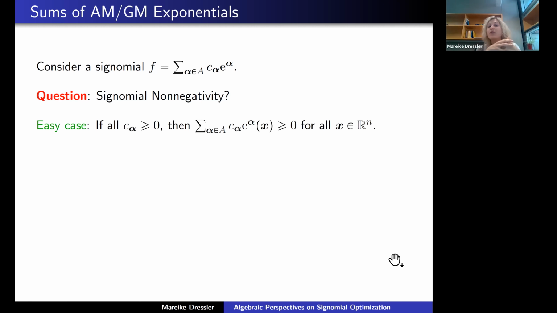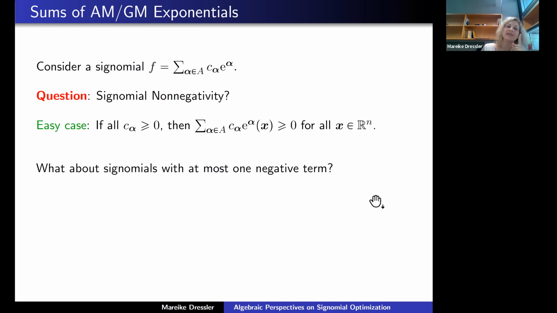Because if all coefficients are non-negative, then clearly, because the exponential function is non-negative, we know our Signomial is non-negative. That's great. So let's consider the next easy case, that is, if all but one c alpha is non-negative. So we have a Signomial with at most one negative term. What can we do now?